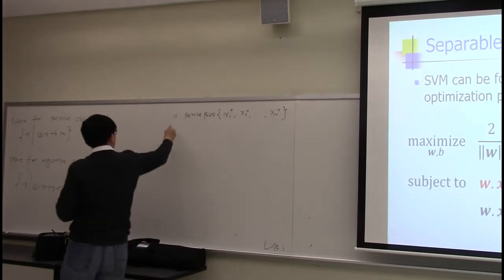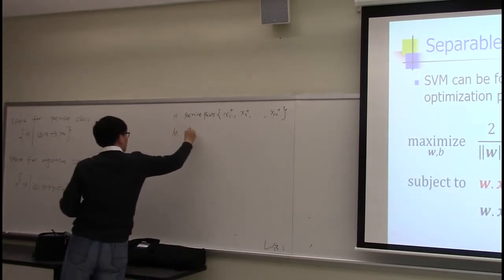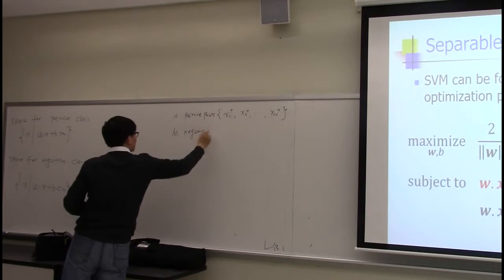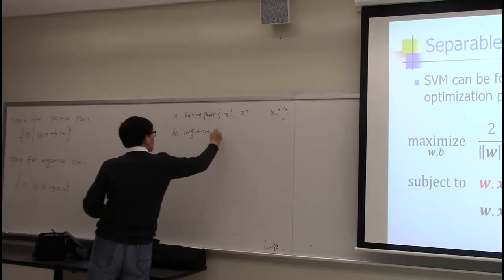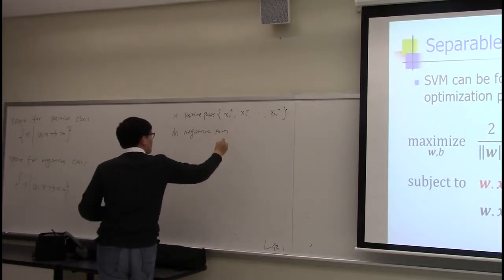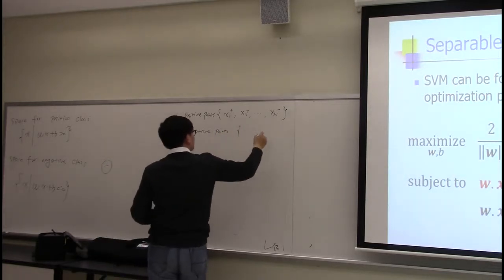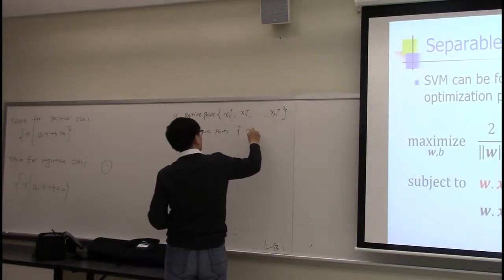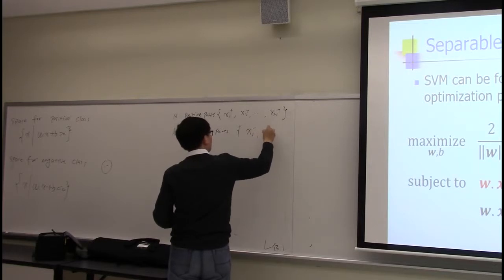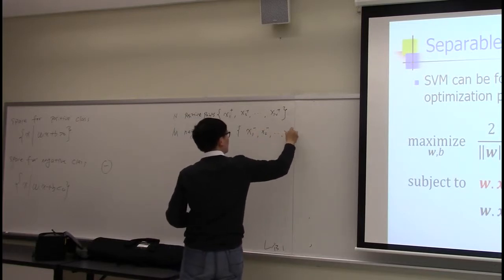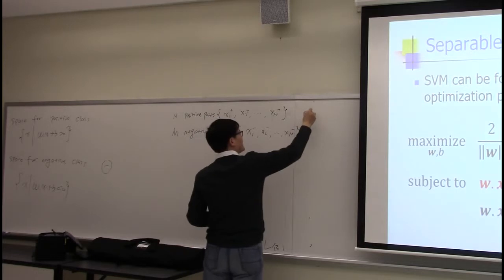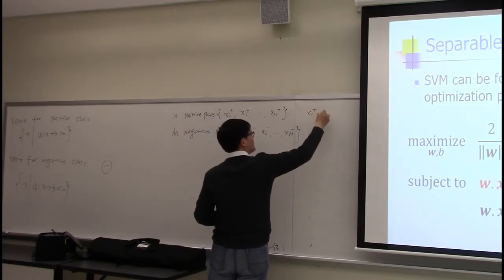And then m negative ones. So xi plus, xj minus.